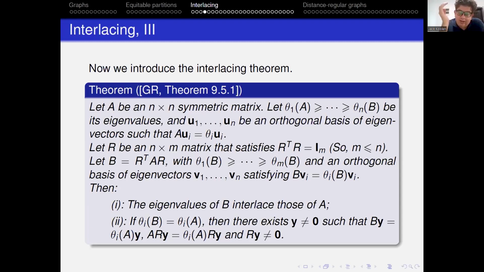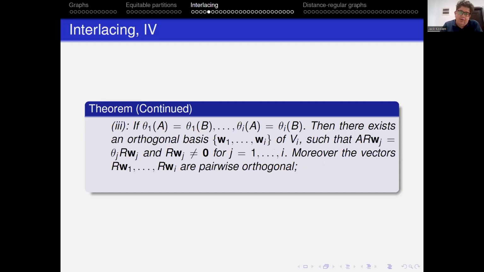So R y is an eigenvector for A. So somehow it is a blow up kind of thing. That's what it means.